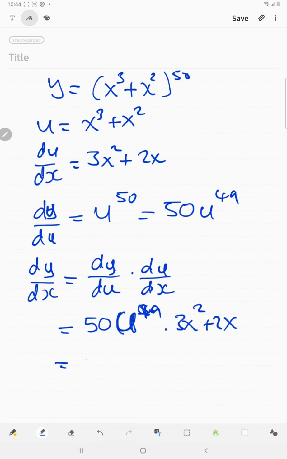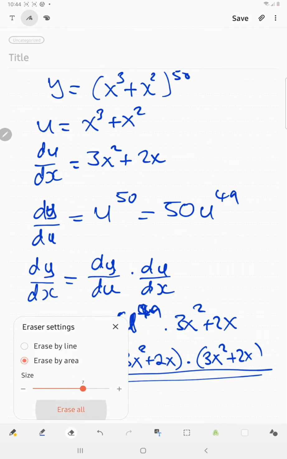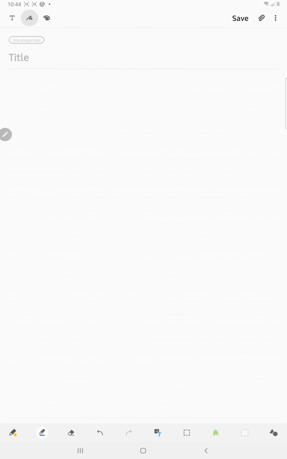So finally, this is equal to 50 multiplied by (x to the power 3 plus x to the power 2) to the power 49 multiplied by (3x squared plus 2x). So this is the value which can be obtained. I want us to have practice of these so that we should be able to solve any problems that can be given to us.